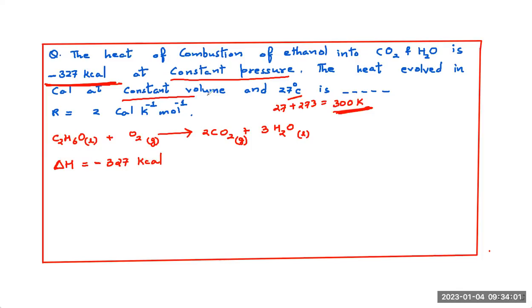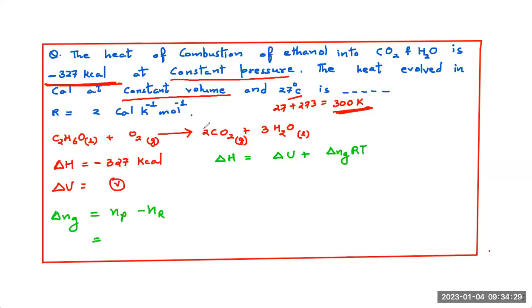I want to find the heat at constant volume, that is I want to find delta U, which is at constant V. And we know the relation, that is delta H is equal to delta U plus delta NGRT. यहां से इक्वेशन का हम डेल्टा एन जी निकाल लेते हैं, which is products gas minus reactant gas.